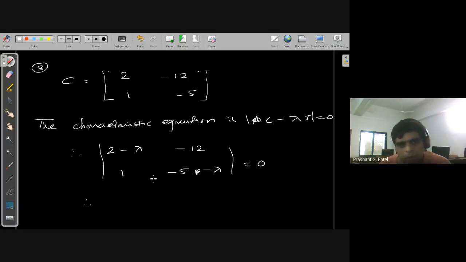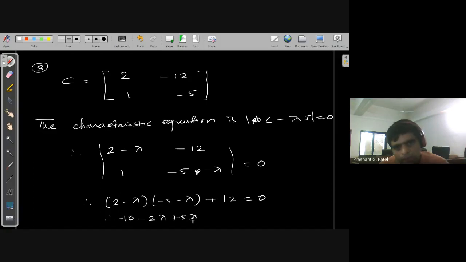If you expand this determinant, this gives me (2 minus lambda) into (minus 5 minus lambda) plus 12 equal to 0. If you multiply these two brackets, that gives me minus 10 minus 2 lambda plus 5 lambda plus lambda square plus 12 equal to 0. If you simplify this, it gives lambda square plus 3 lambda plus 2 equal to 0.